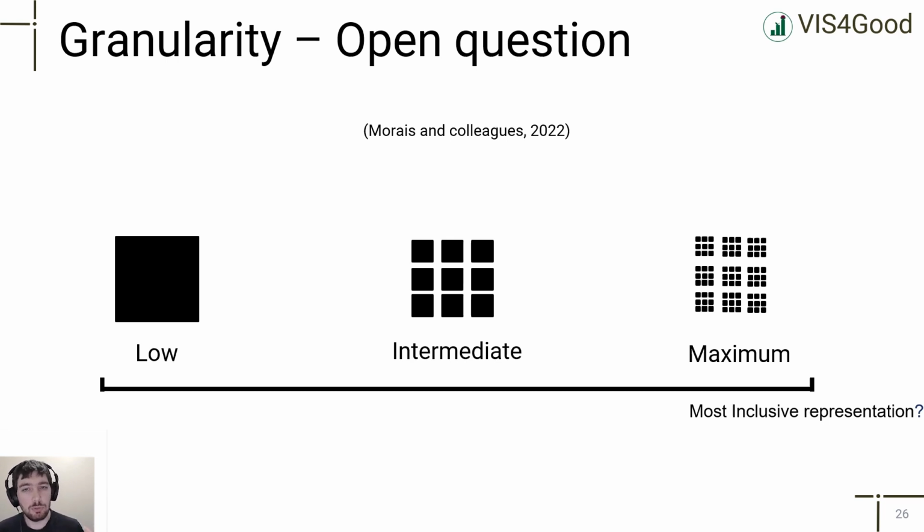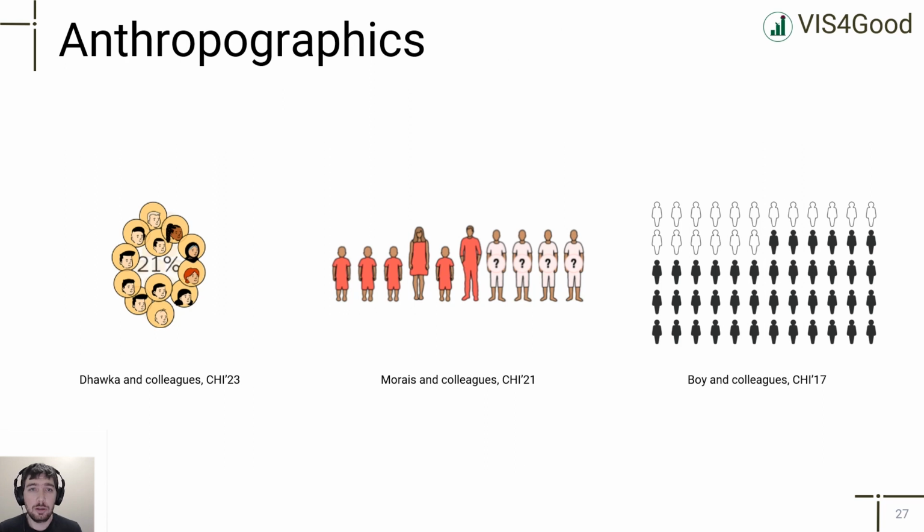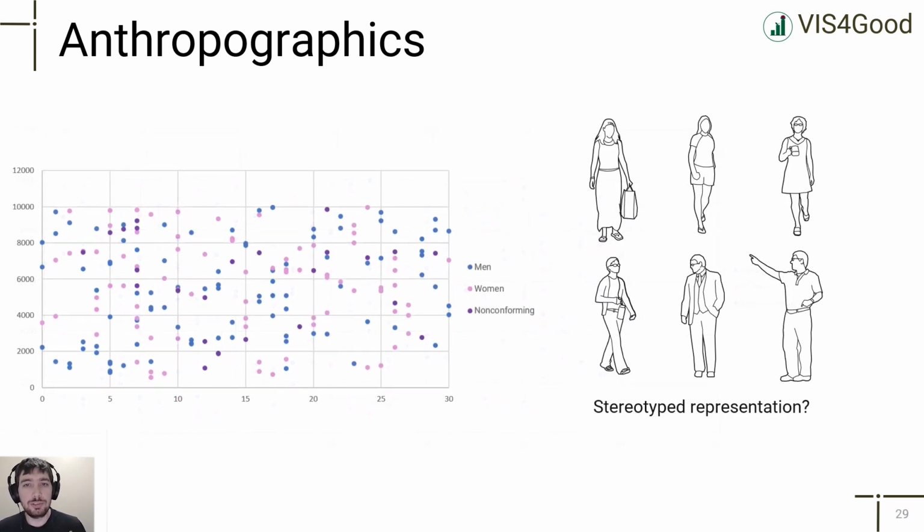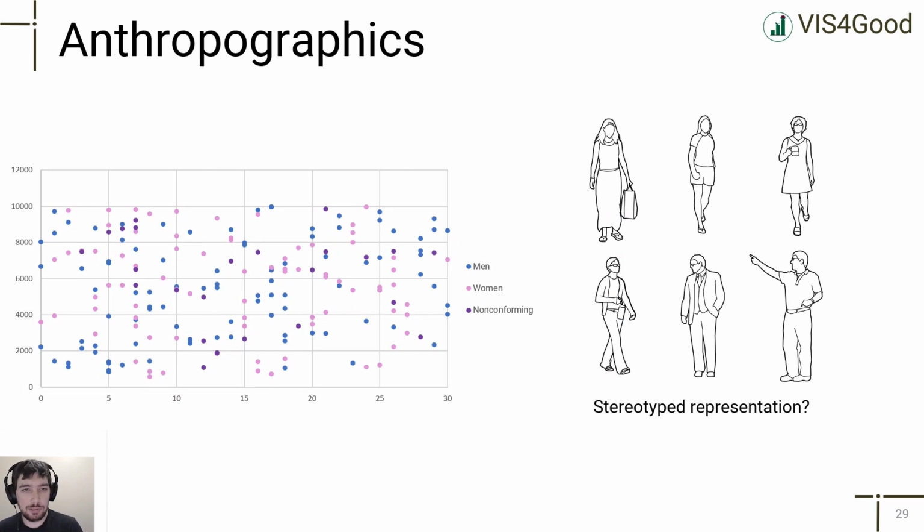On a different note, anthropographics, so using human-shaped visual marks, has explored how to design visualization that fosters a greater sense of inclusivity. However, the representation of human-shaped icons is challenging. By reusing the example of visualizing the salary of people in a company according to both the years of experience and gender, if we transform this visualization into an anthropographic representation, we must use the same icons for all the people within the same groups.